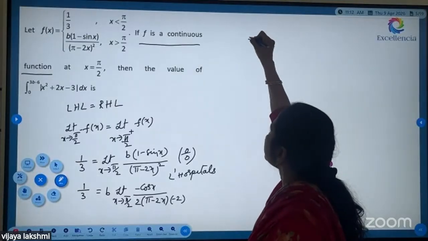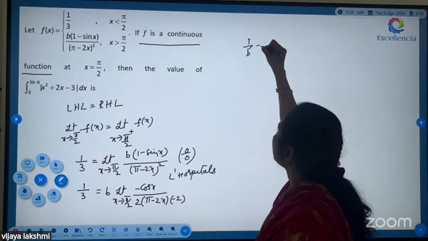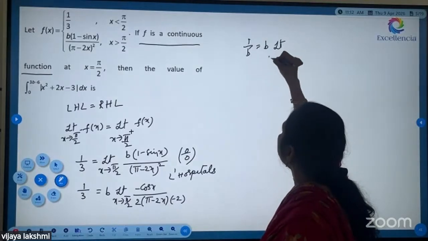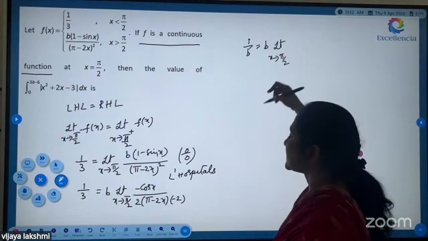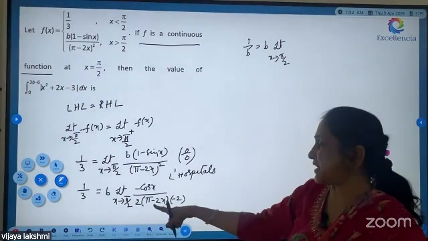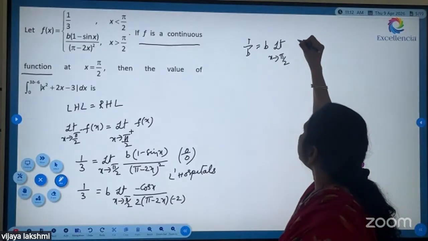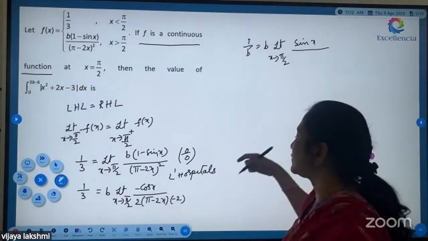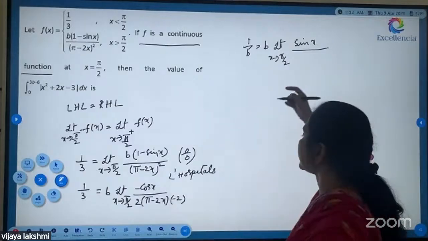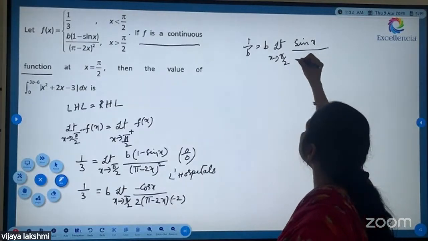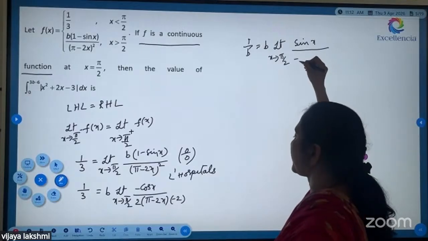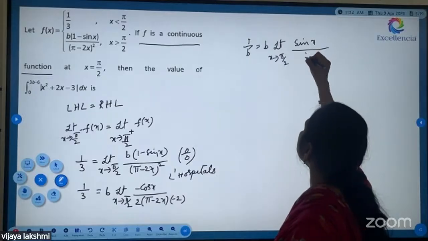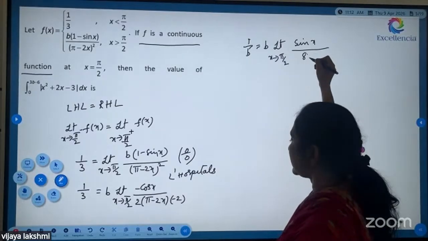So 1 by 3 equals b into the limit as x tends to 5 by 2. Differentiating once again, cos x differentiation is minus sin x, and minus of minus becomes plus sin x, divided by 2 into minus 2, which is minus 4, and another minus 2, so we get minus 8, which comes out as plus 8.